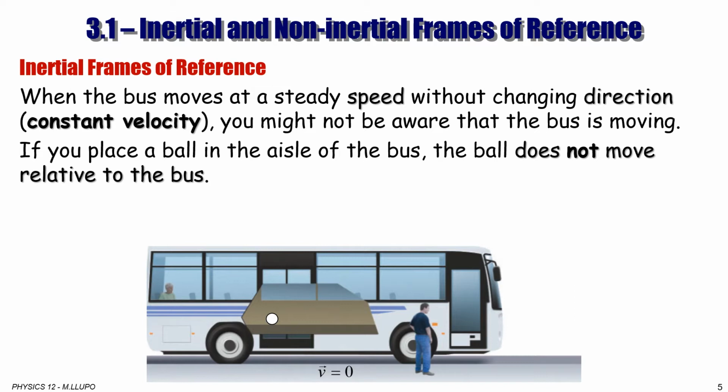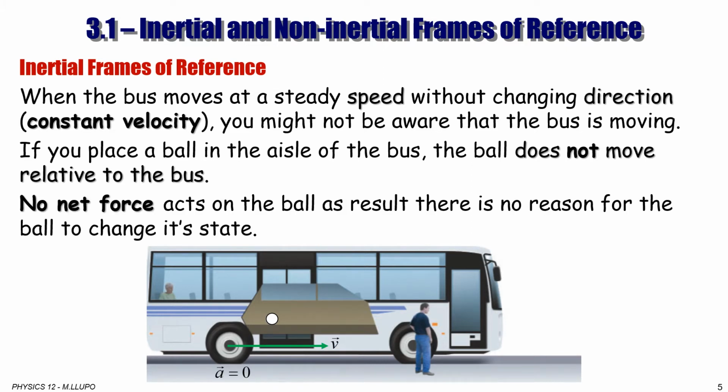They see the same thing. Ball is not moving. Velocity is zero. However, if the bus is moving at a constant velocity, the ball will not move. So relative to the bus, the ball is still stationary. However, for the person outside, that ball is moving with the bus at constant velocity.